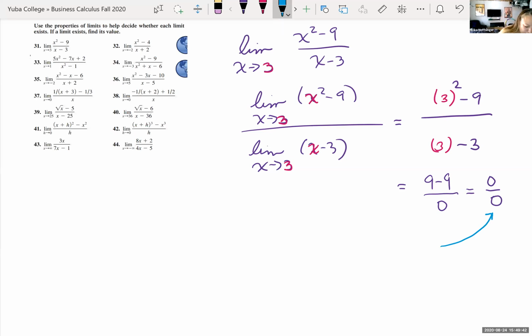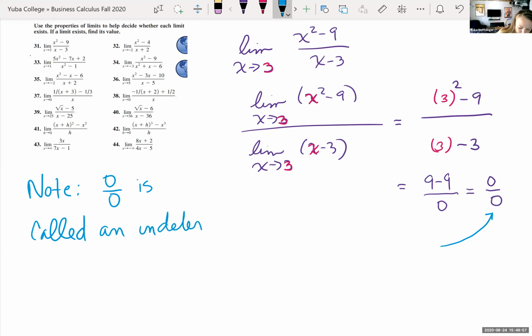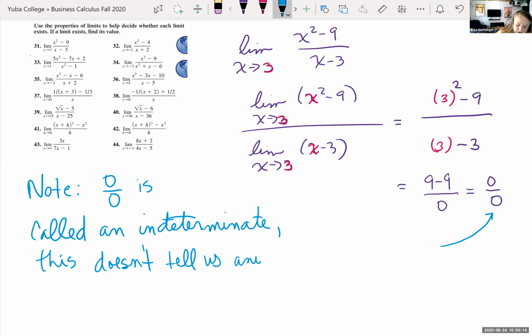Note, 0 over 0 is called an indeterminate form. This doesn't tell us anything about the limit.